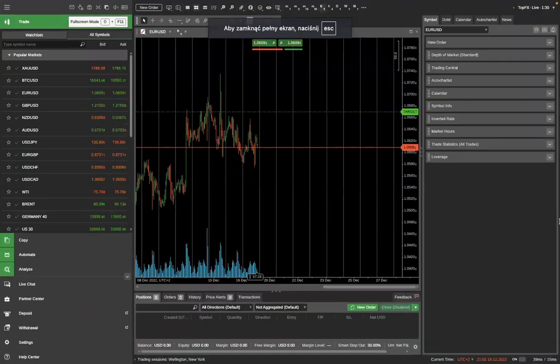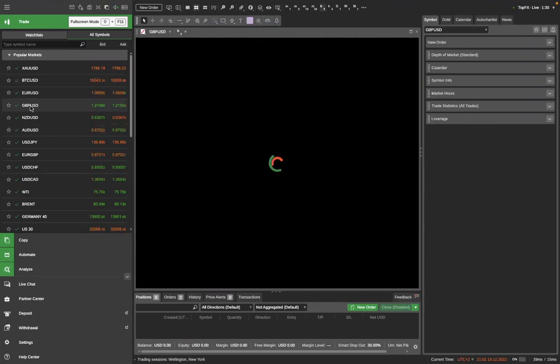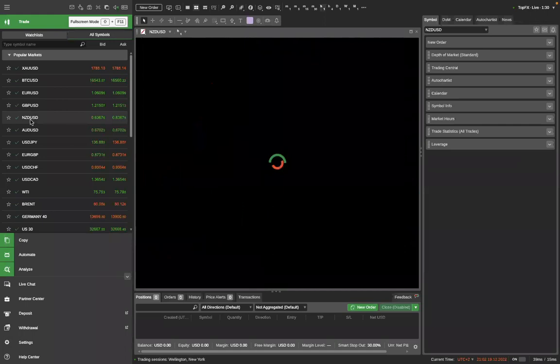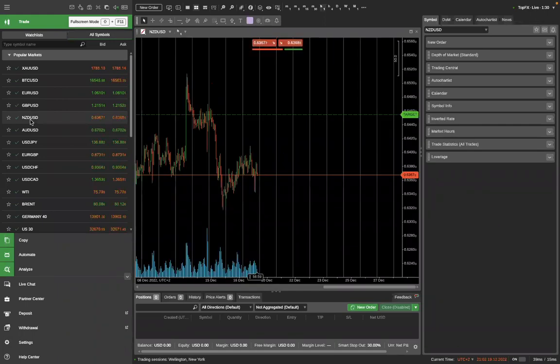There you go. If you have a standard platform like cTrader, downloaded and running, you can see that for example the euro-dollar market or the British pound market, it doesn't actually matter. It can be New Zealand dollar or whatever you like.